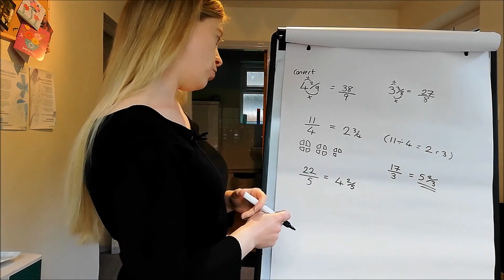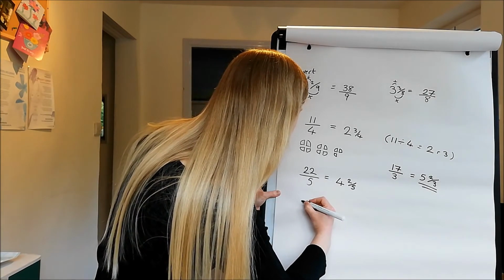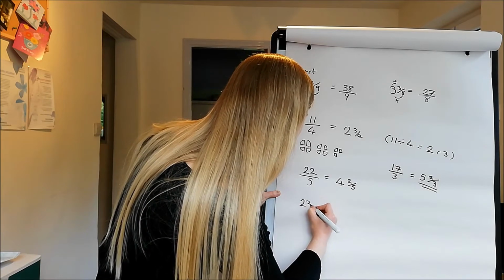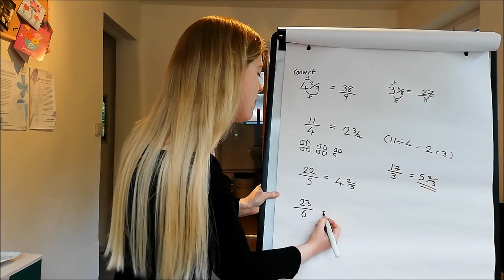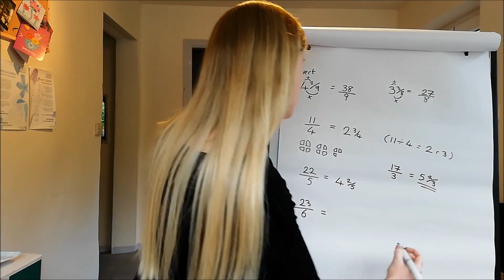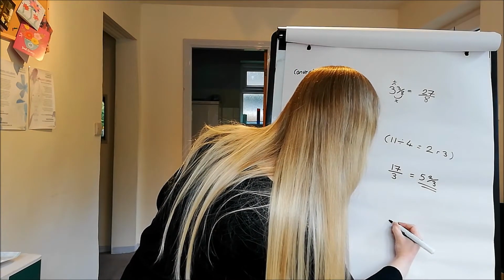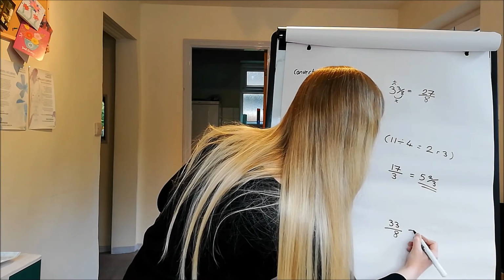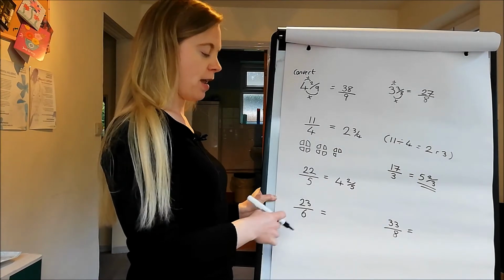So if you just have a go at 23 over 6 into a mixed number, and let's have 33 over 8 into a mixed number. So have a go at those and then hit play.